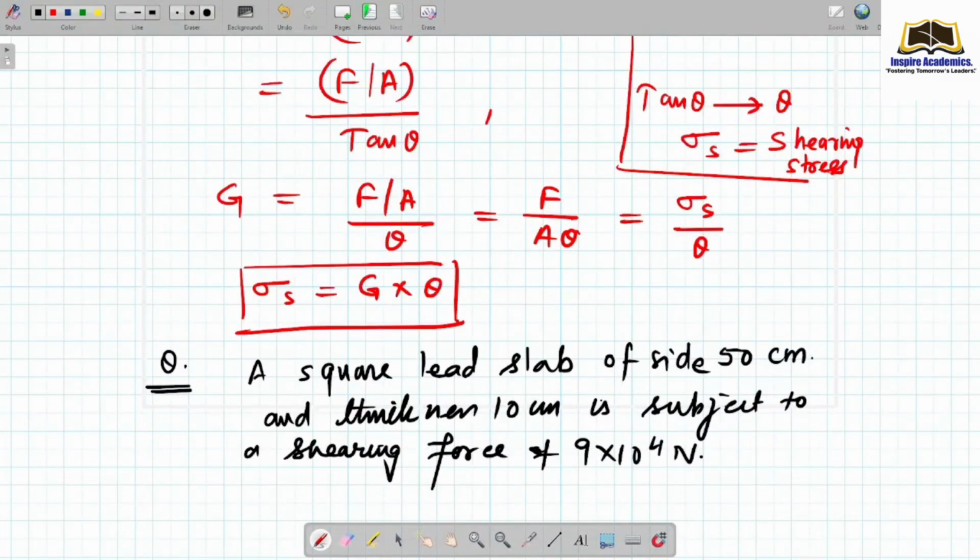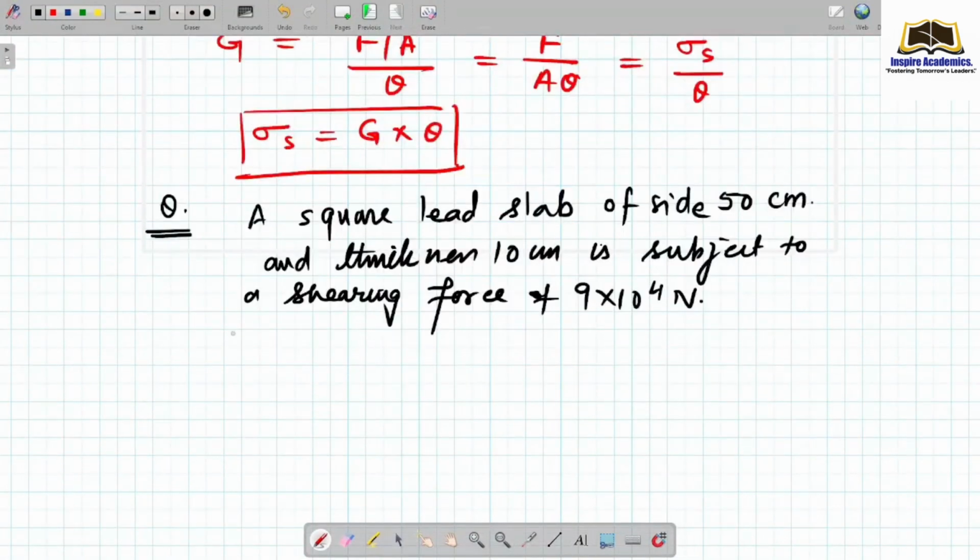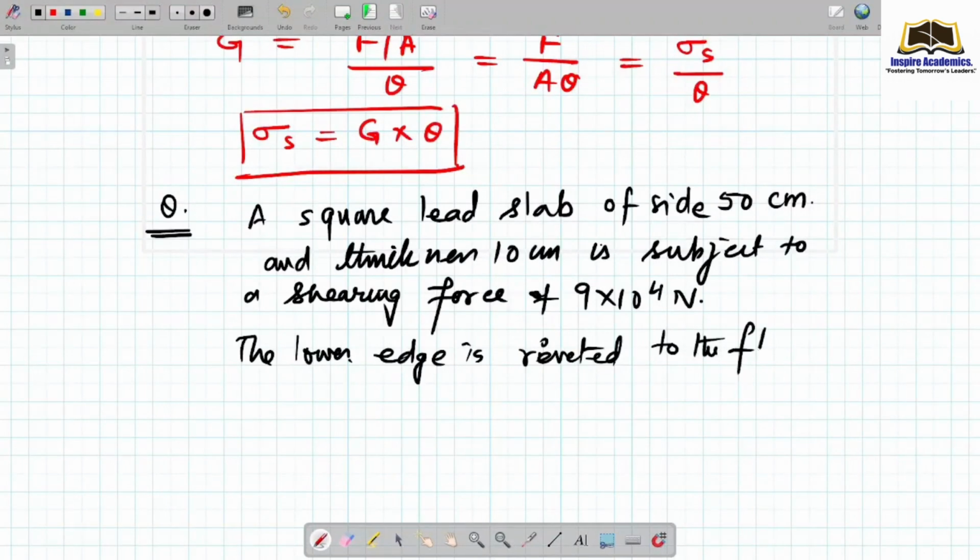The lower edge is riveted, riveted meaning fixed, to the floor. How much will the upper edge be displaced?